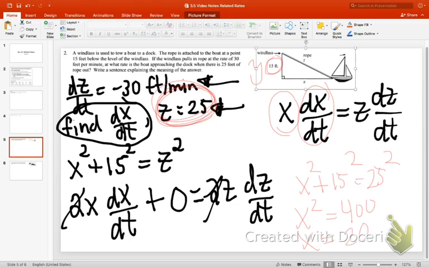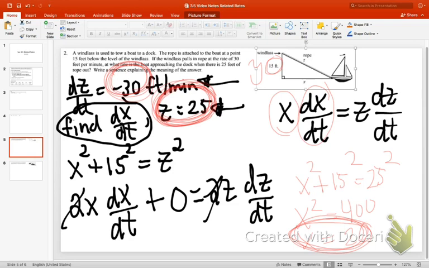We don't want to do plus or minus here because we can't have a negative length for x. So we're just going to leave it at 20. So we're going to go ahead and plug in our negative 30 for dz/dt, 25 for z, and 20 for x in order to figure out what dx/dt is.